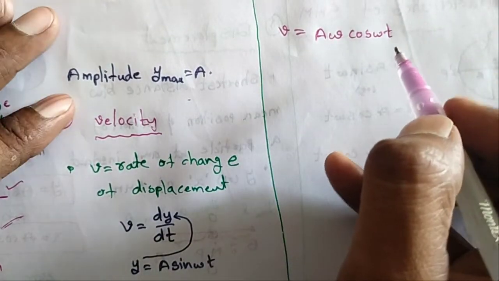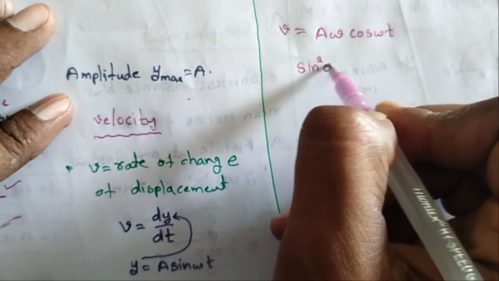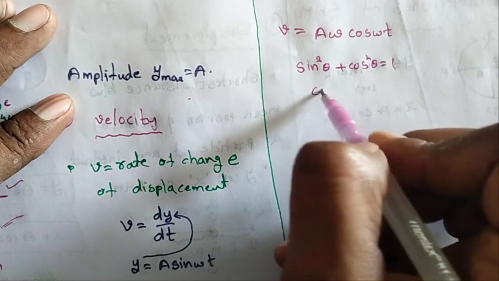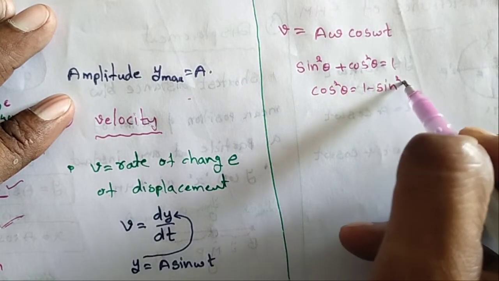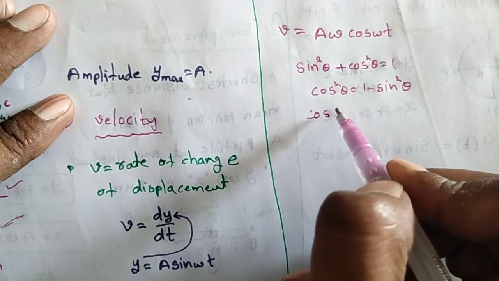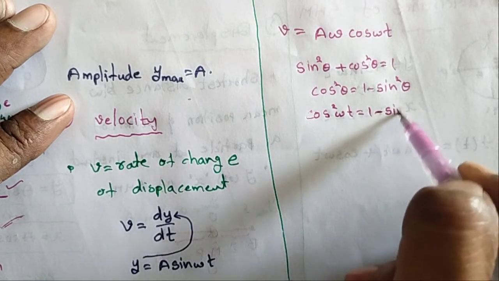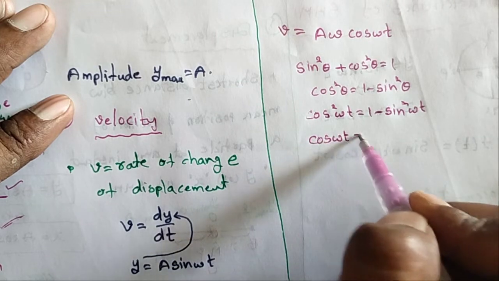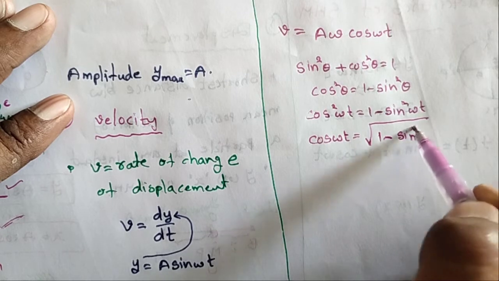By using one formula, sin square theta plus cos square theta is equal to 1, cos square theta is equal to 1 minus sin square theta. We know this formula very well. Theta is replaced by omega t. Cos square omega t is equal to 1 minus sin square omega t, so cos omega t is the under root of 1 minus sin square omega t.